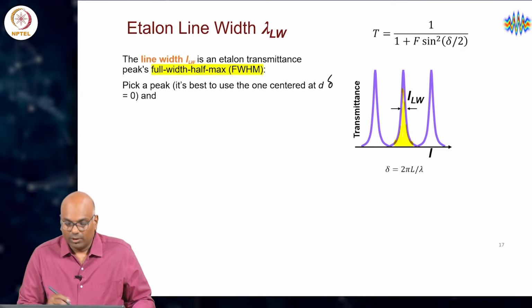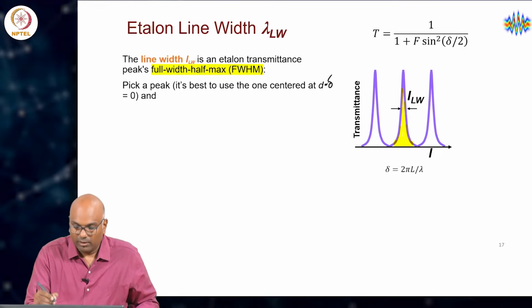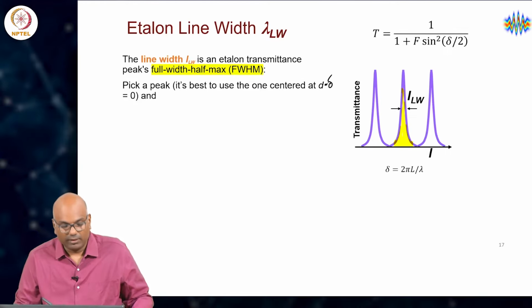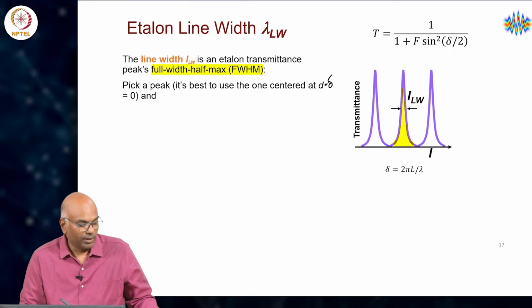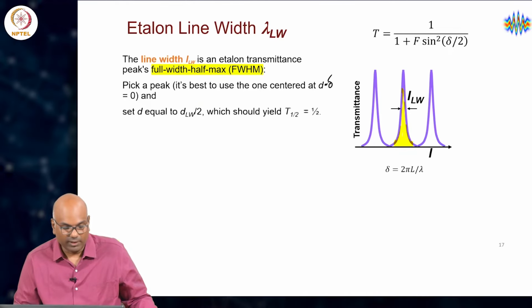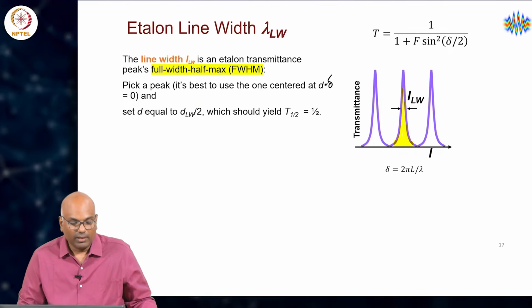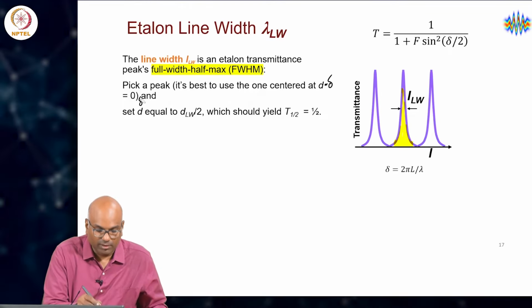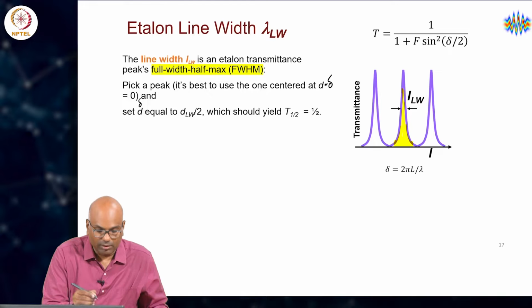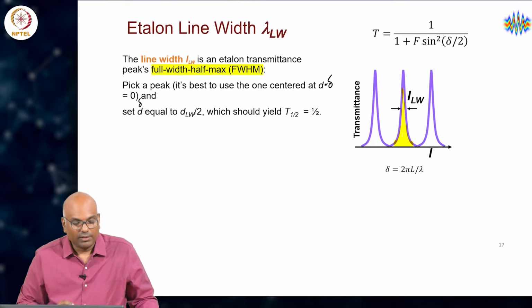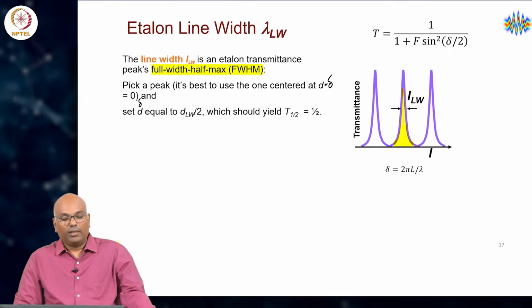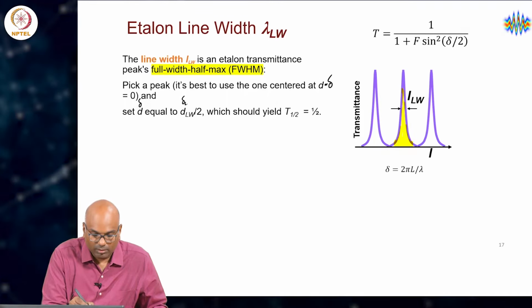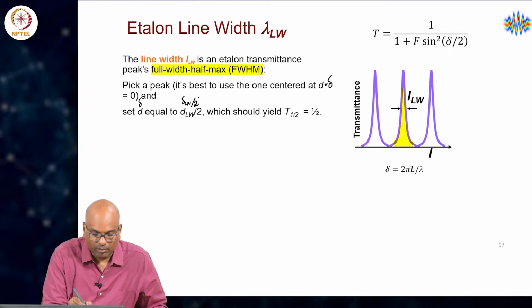Pick the peak that is centered at delta equal to 0, which is sort of an idealization in some sense, and let us set delta equal to delta LW divided by 2.